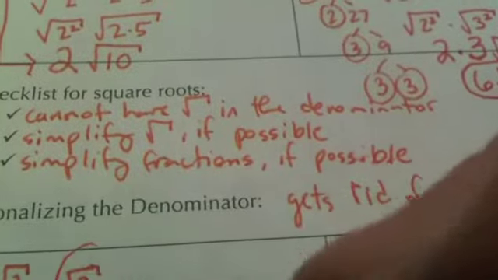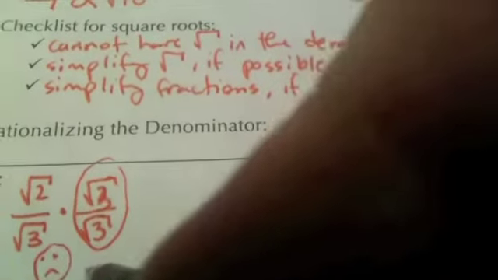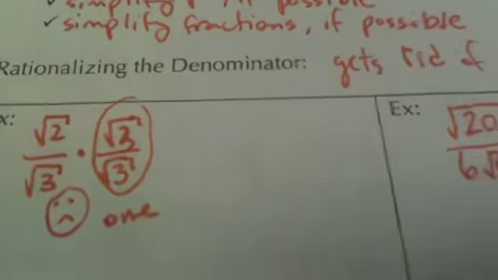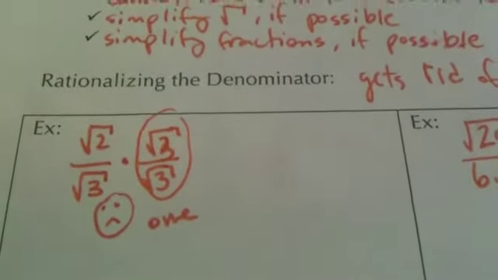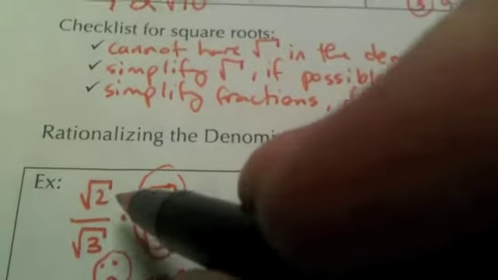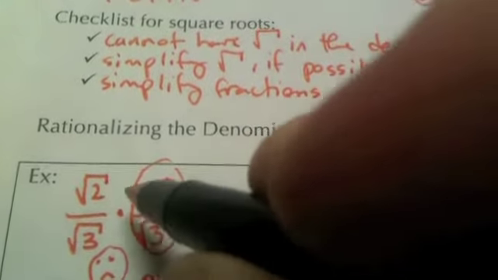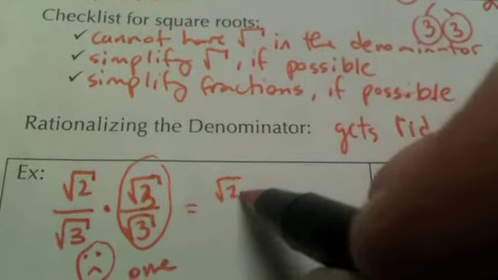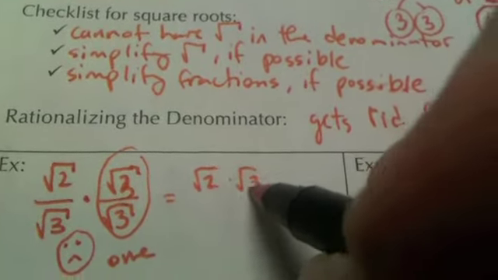Okay, now remember, this is just a fancy way of saying 1. And if you multiply anything by 1, you're not changing the value. In this case, we're only changing the way it looks. Okay? So when you multiply fractions, remember you multiply across the top and across the bottom. So top times top, so I get square root of 2 times the square root of 3.